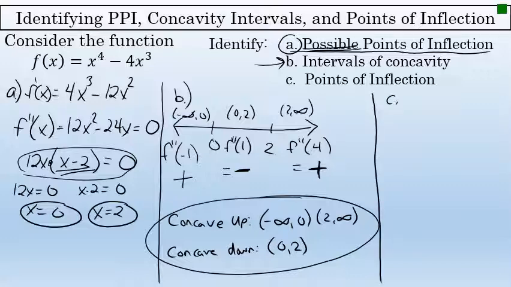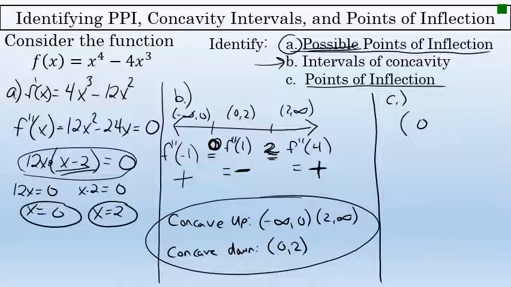Because the graph changed concavity at x equals 0 and the graph changed concavity at x equals 2, both of those are actually x values for points of inflection. This function's graph has 2 points of inflection.